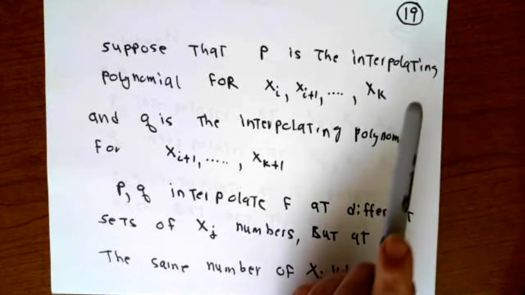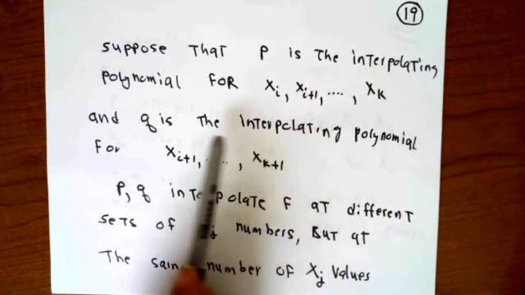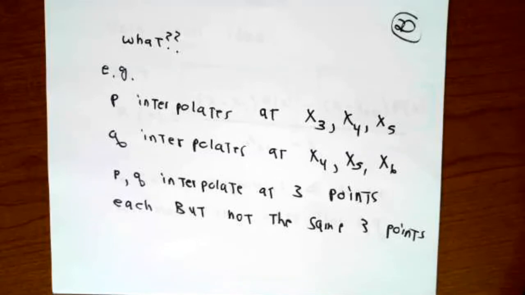The number of x values that I'm looking at here and the number of x values that I'm looking at here are the same. P and Q interpolate f at different places, but they're based on the same number of x data values. That could very well come across as gibberish.